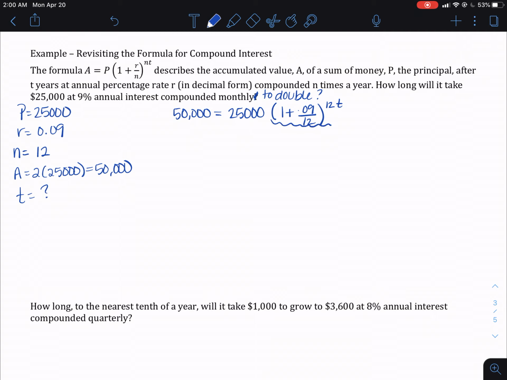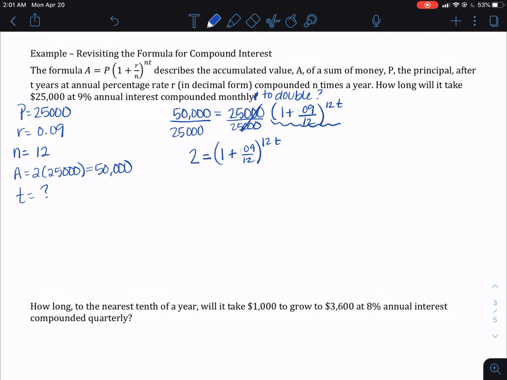We're going to get this expression by itself, so we're going to divide by this 25,000. And that gives us 2 equals 1 plus 0.09 divided by 12 to the 12t power.